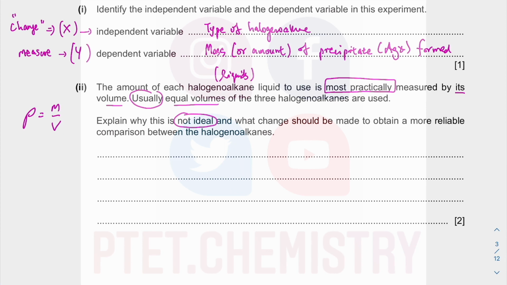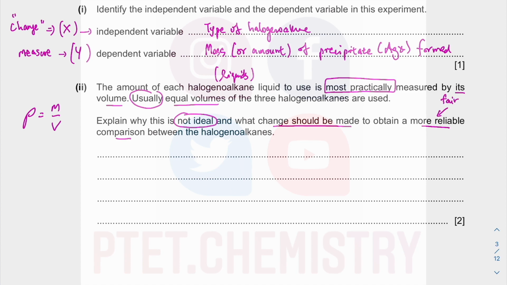So what should be changed to obtain a more reliable comparison? Usually we use the same volume, but what we would do is work out how to use the same mole of the haloalkane, so we can have a fair comparison.